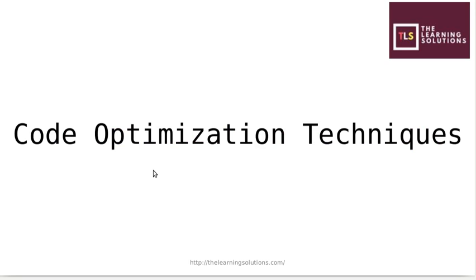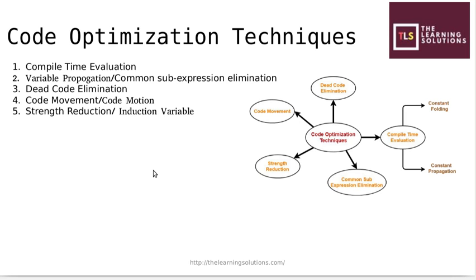Now we will switch to the next very important part. What are the different code optimization techniques? These techniques are used in both machine independent and machine dependent optimization, but the techniques remain common. I have presented 5 techniques here. The first is compile time evaluation, which is further divided into 2 subtypes, constant folding and constant propagation.